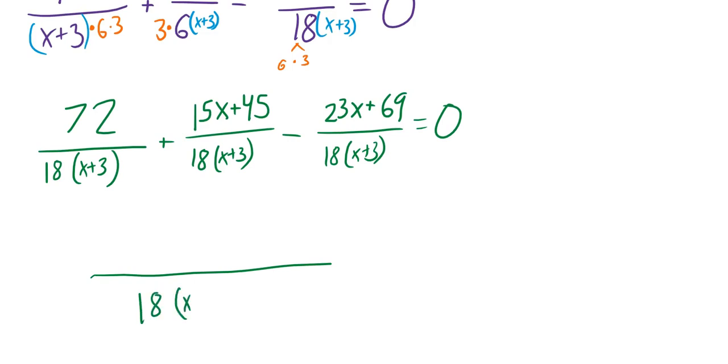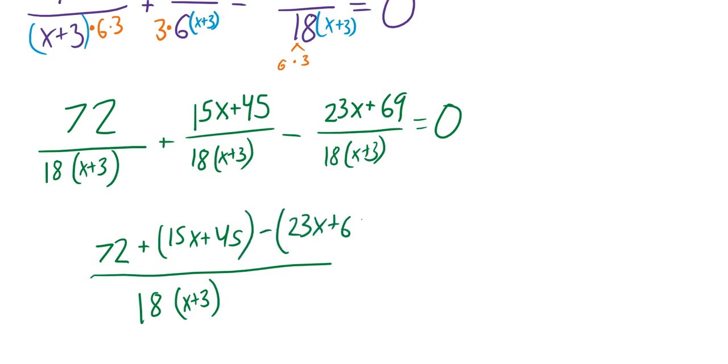So I'll write it all as one giant fraction. 18 times x plus 3 on the bottom, and on top, 72 plus 15x plus 45 minus 23x plus 69. It's important that I put that 23x plus 69 in parentheses. That way I know to subtract the whole thing, that I know to distribute the minus to everything.